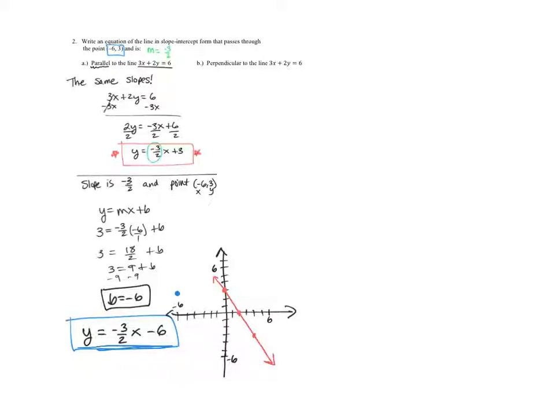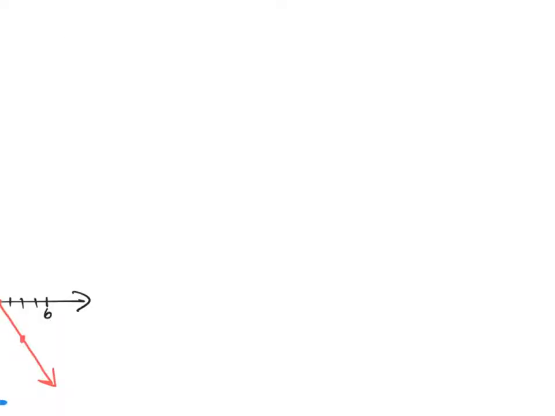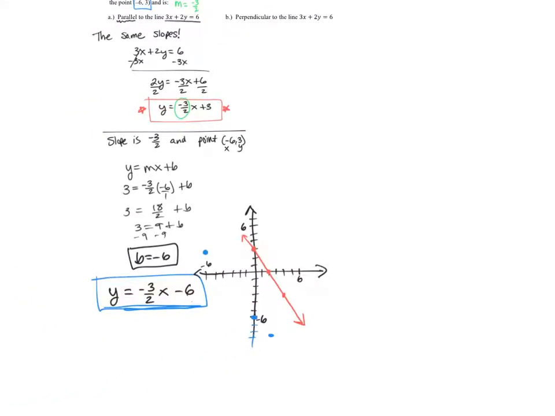Okay, so when I found this, I have a y-intercept of negative 6, and then I get a slope of negative 3 halves. Okay, so my line is parallel and it goes through the desired point.